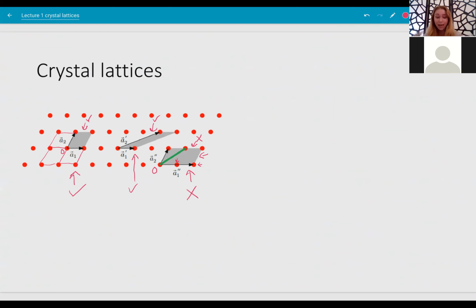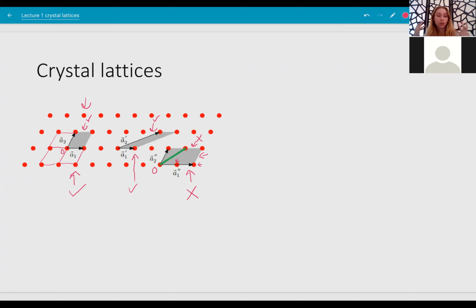You can guess the shape that can be used to produce the entire lattice, and then check that this shape only contains one lattice point. Just looking at this arrangement of lattice points here, probably this set of primitive translation vectors, the simplest one, is the one that you might choose instinctively.